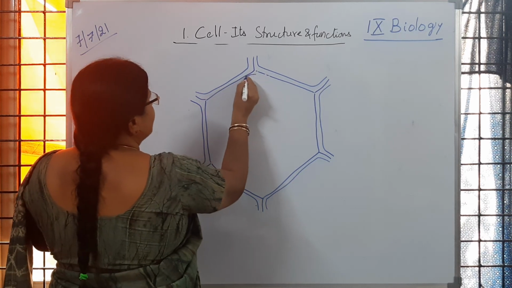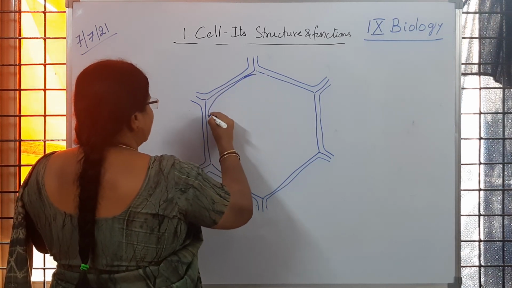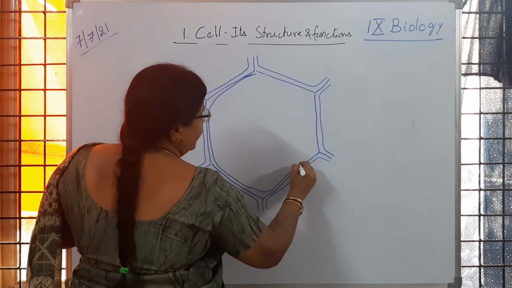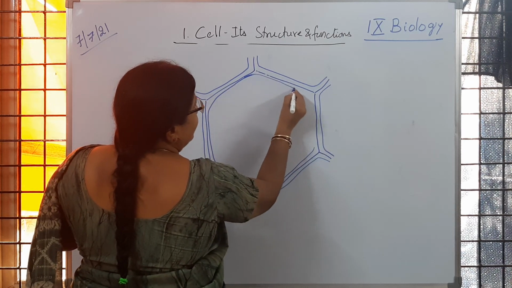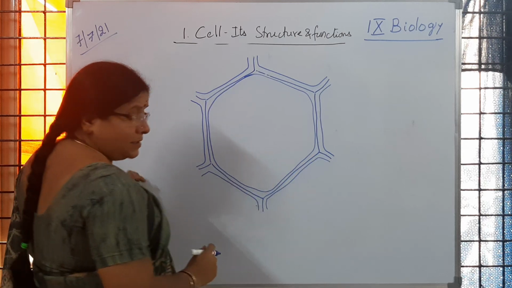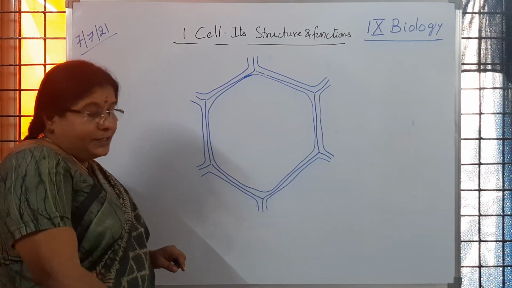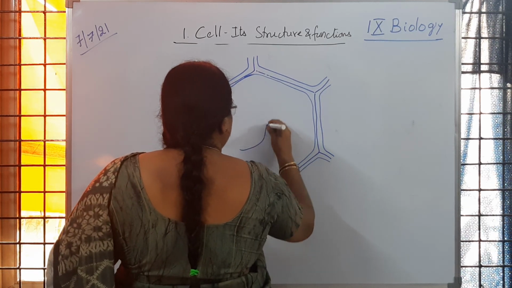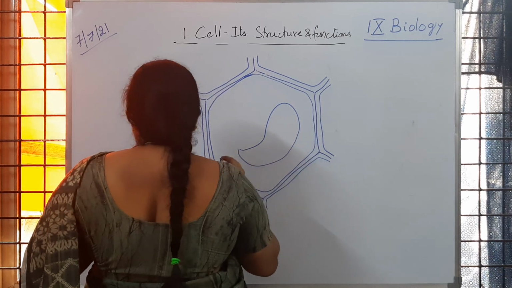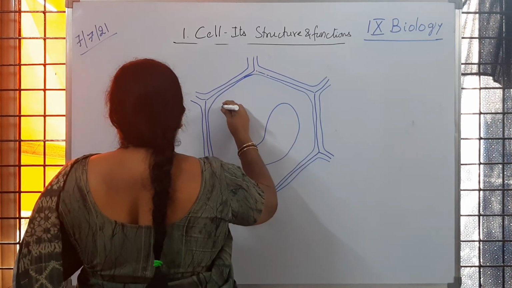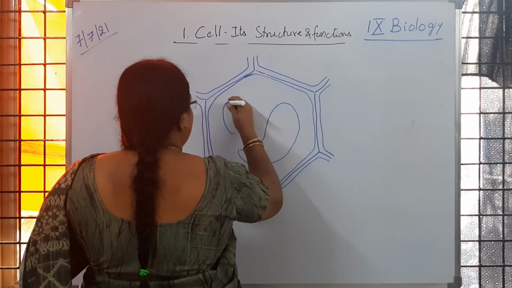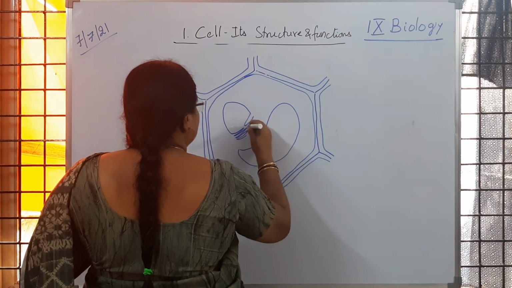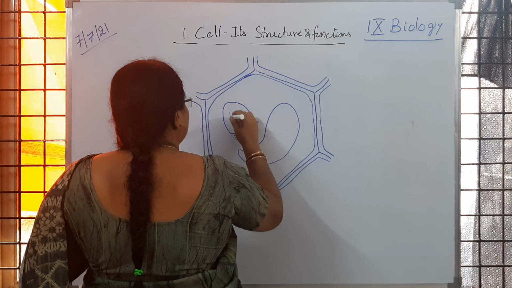This is the cell wall, and below that you are going to observe another membrane which we call the cell membrane. Then coming to the next point, here you are going to observe a large size vacuole, and here you can see the nucleus, the genetic material.